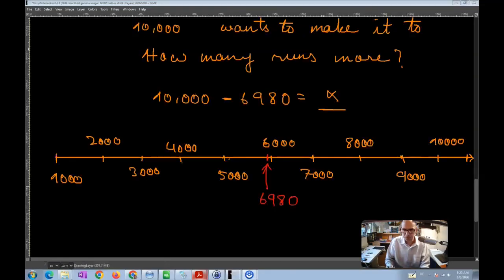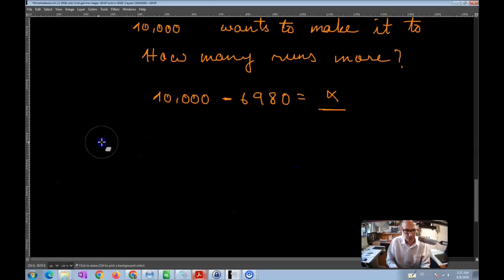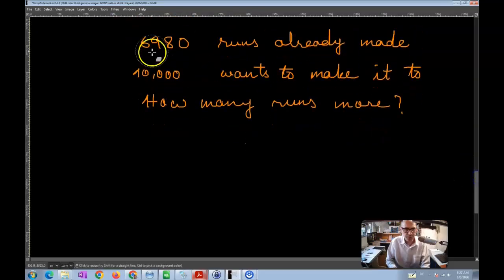So he has 6,980 runs already made. So he has already made so many runs, and then he wants to make it to 10,000 runs. So how many more runs does he need?